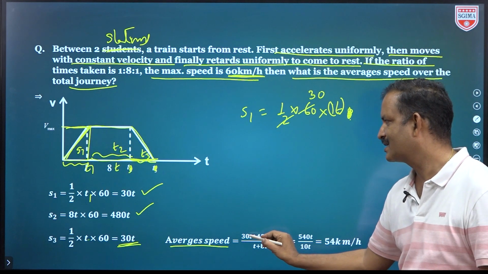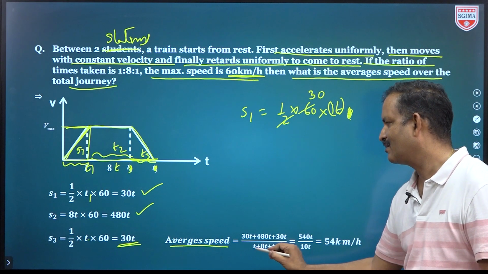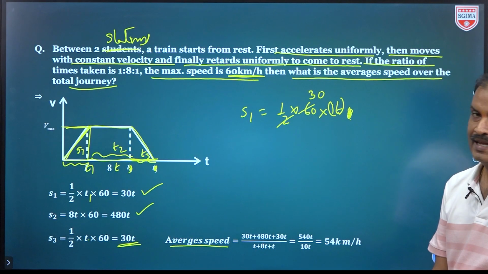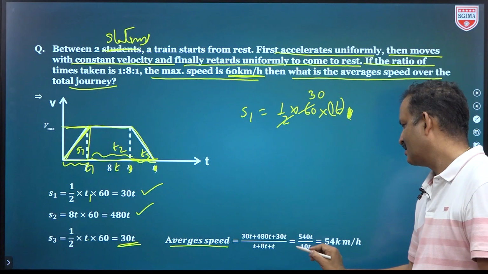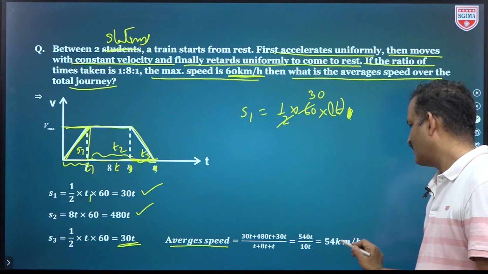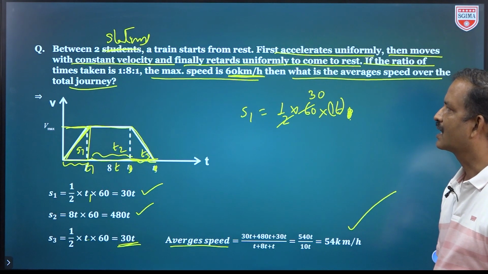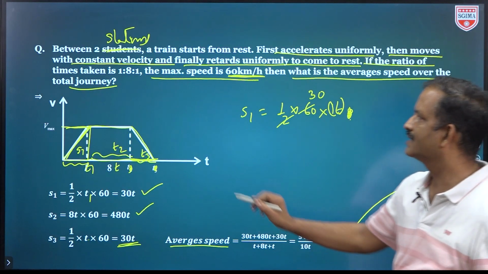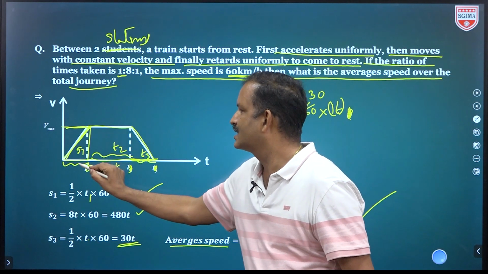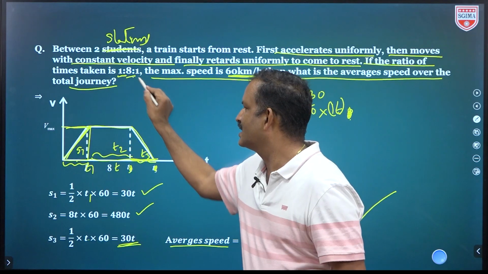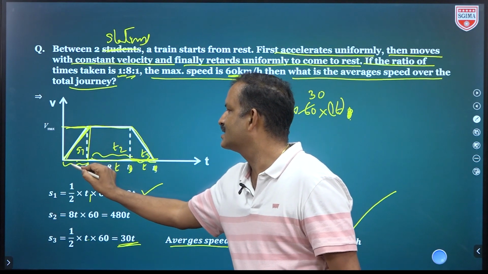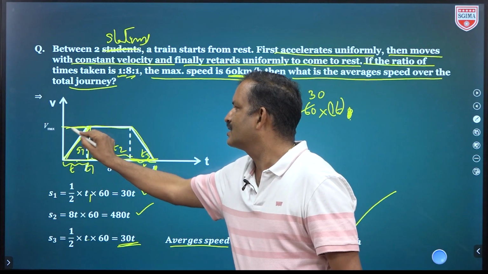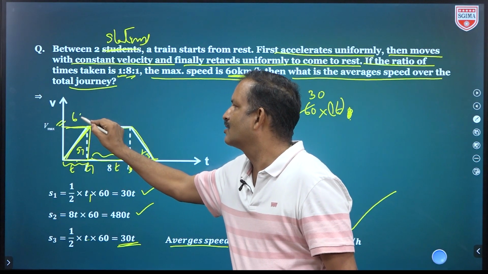Total displacement is 30t plus 480t plus 30t, by t plus 8t plus t. That is 540t by 10t, which is 54 kilometers per hour. So I am taking this time as 1, that means t. This time is 8t. This time is again 1t. We are using velocity as 60 kilometers per hour.